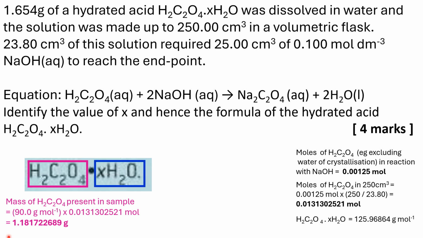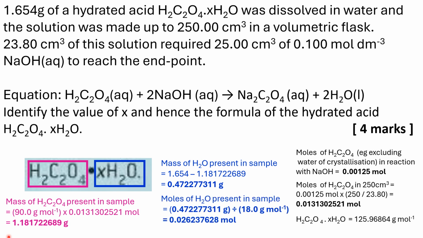Now what you do is you take the original 1.654 grams and from that you subtract the amount you just calculated. So by difference you can work out how much water you've got. So you've got two masses there. Now we know what the number of moles are for this already. We worked it out over here, didn't we? So what you've got to do is take the mass of the H2O and convert that into moles.